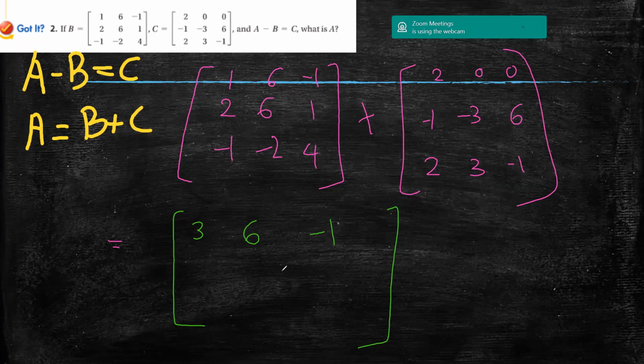Other one? Lama? Yes, Lama. The second row, please. No, teacher, it's Maya. Okay, sorry. Yes, Maya.